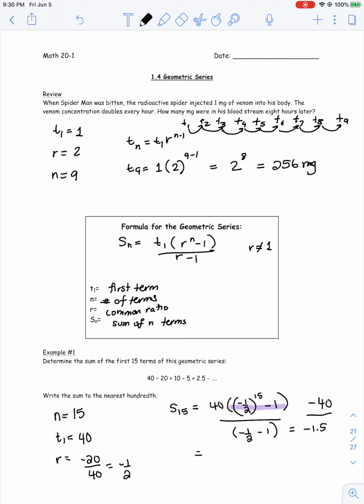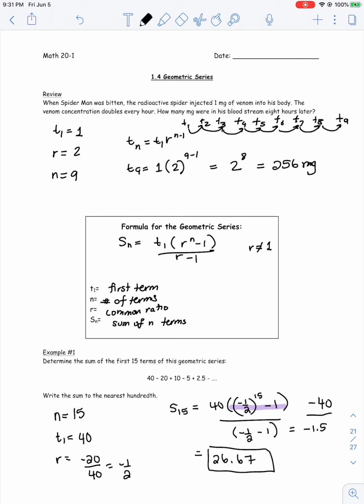Okay, so you should be getting at the top negative 40 approximately. And if you divide negative 40 by negative 1.5, you should get that the sum of 15 terms is about 26.67. So that is rounded to the nearest hundredth.